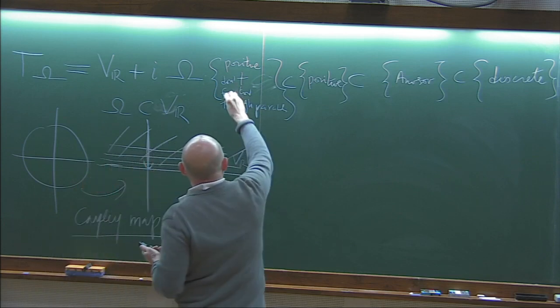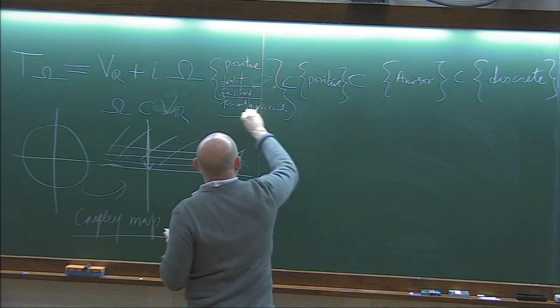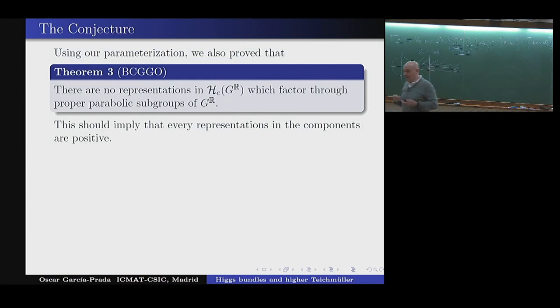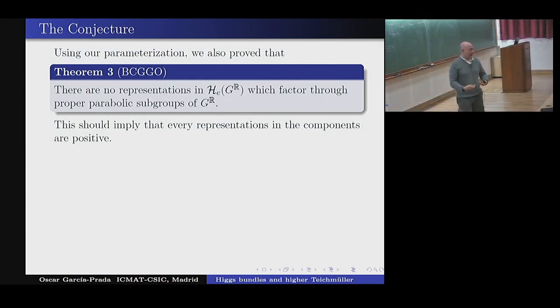If you add this condition, then it is a closed condition that defines components. And with our methods, we have been able to show that, in fact, the representations do not factor through a parabolic. So if the result is true, and they're telling us that it's true and they're writing it up, then all our conjectures are true.